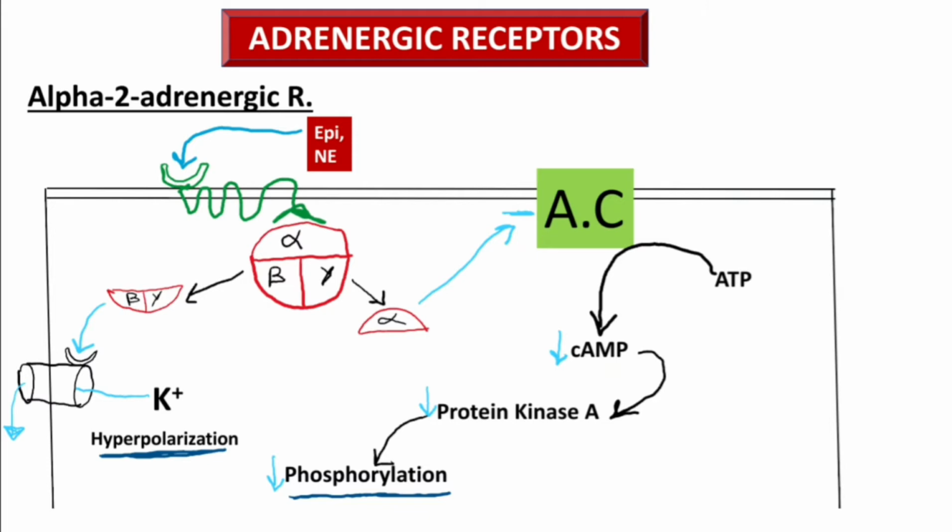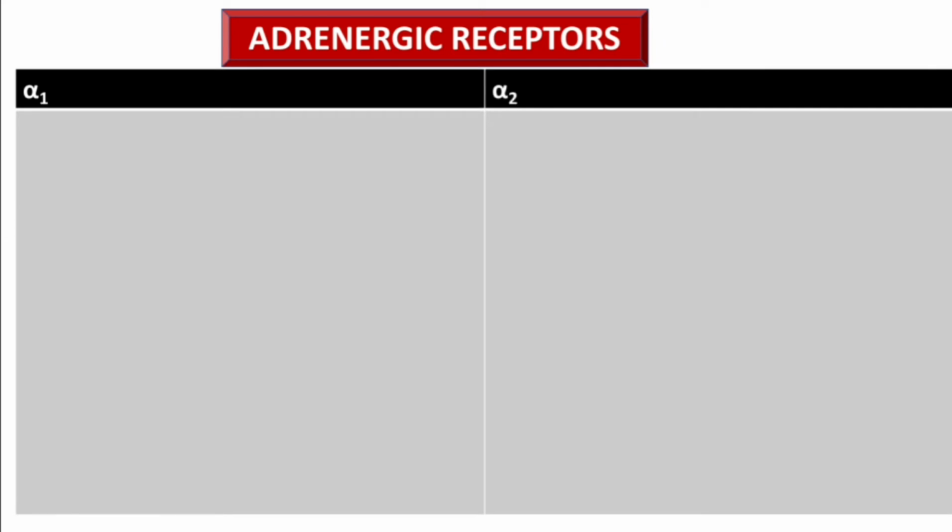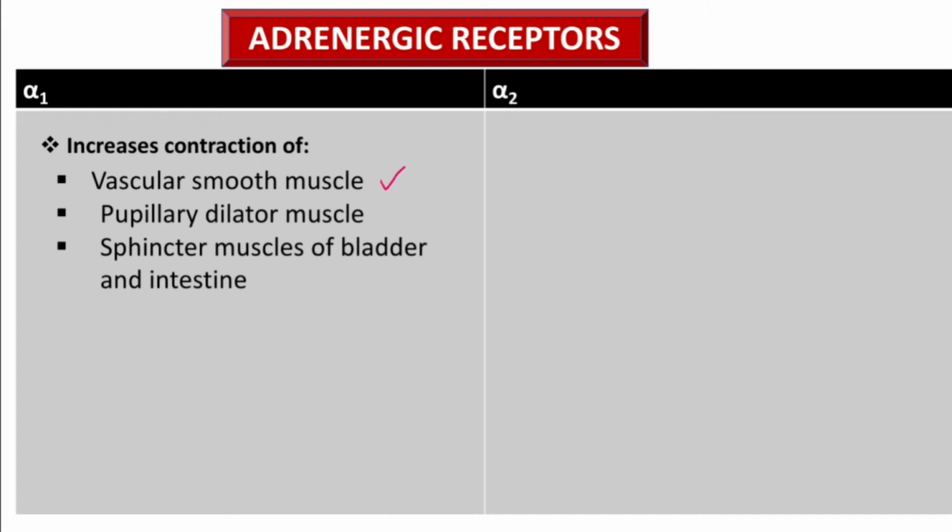Now let's talk about the main effects, right? So let's start with alpha 1. If you stimulate alpha 1, this will increase contraction of vascular smooth muscles. If you know the structure of blood vessels, arteries to be more specific, they have a tunica media, which is smooth muscle, right?